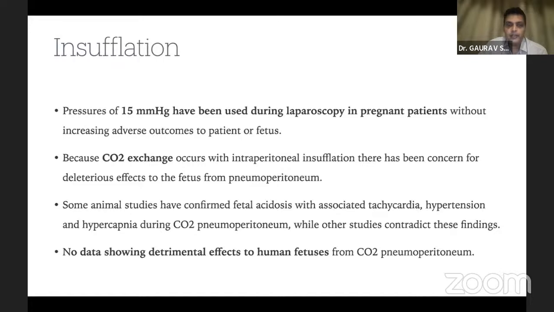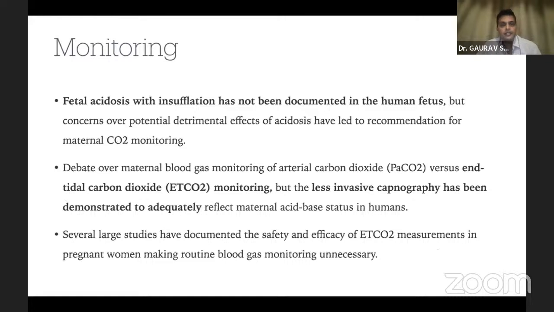The other aspect of insufflation is that you are insufflating carbon dioxide gas, which is absorbed during insufflation and potentially can have deleterious effects on the fetus and the mother. Animal studies have demonstrated fetal acidosis with associated tachycardia and hypercapnia, but there is no real data in the case of humans as far as CO2 pneumoperitoneum is concerned.